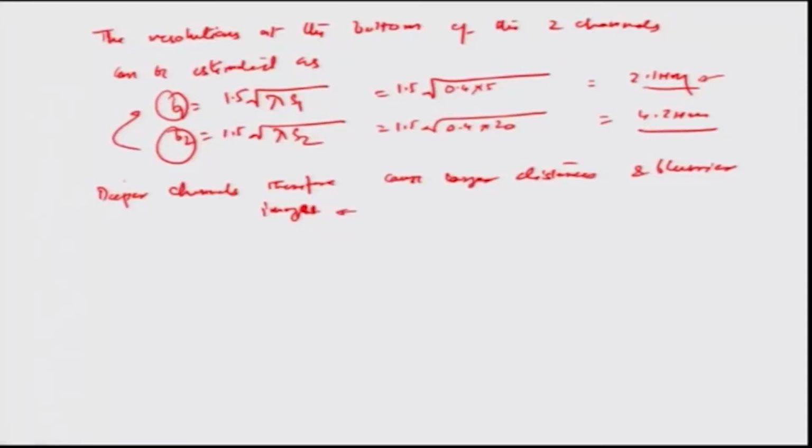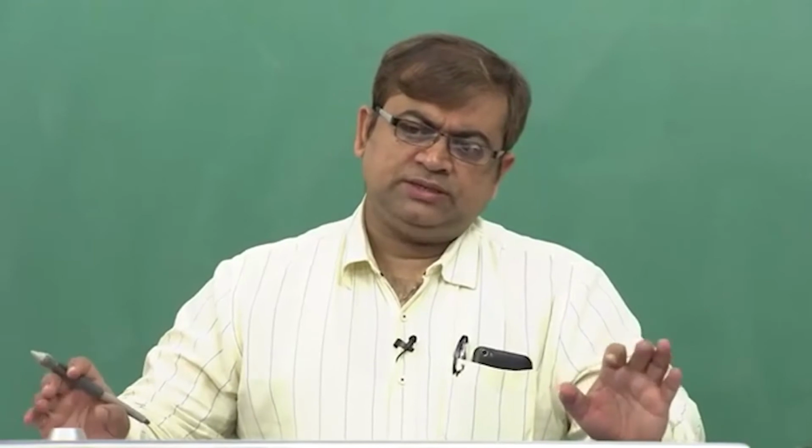So, the resolution formula we discussed is actually more related to contact or proximity lithography. When we talk about projection lithography, the mask is placed far away from the wafer. In fact, one of the reasons why projection is so widely used in the industry is that with every contact between the mask and the resist layer, which is nothing but a soft polymer, there is always going to be tearing away of the resist layer.